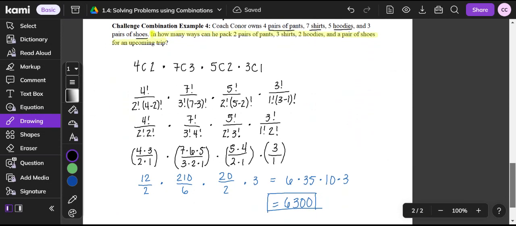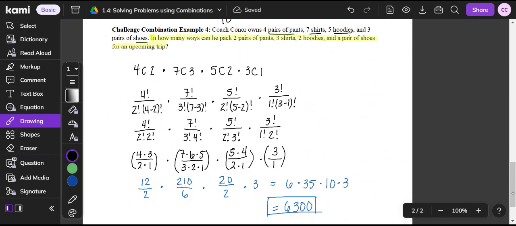Okay, and then the last one. Anytime we are asking ourselves how many different ways can I pick something, how many ways? Another way to phrase that is how many different possible combinations are there?